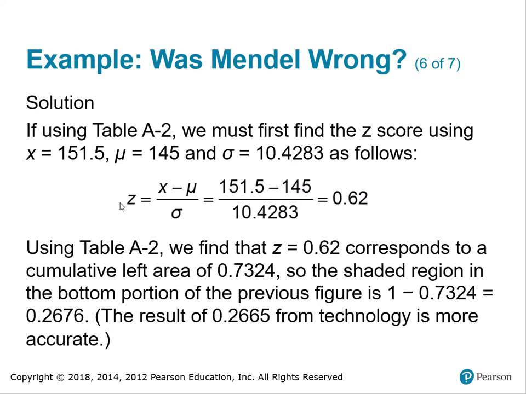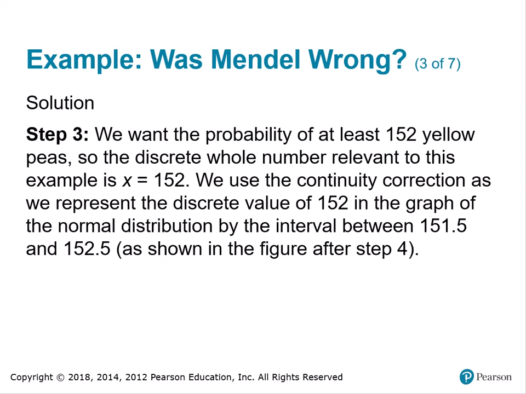Alright, so what we're going to do is x minus mu, so we ended up with 151.5 because we wanted to see if it was at least 152. And the reason why we know it's 151.5 is because we're using the discrete, we're saying 152 was the total, at least 152.